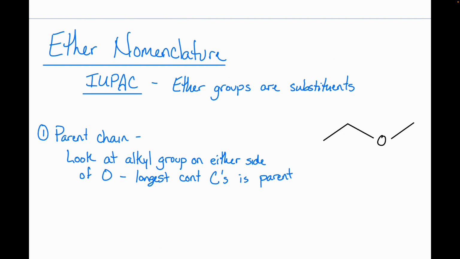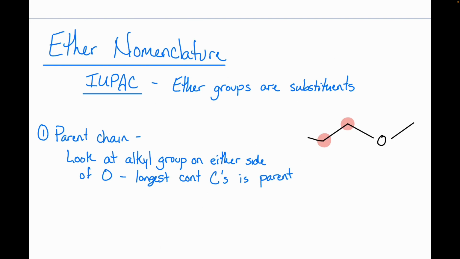All right, so I'm going to look at this side over here and compare it to this side over here. Which one's my parent chain, on the left or the right? The left. All right, so this 1, 2 carbons is my parent chain here.